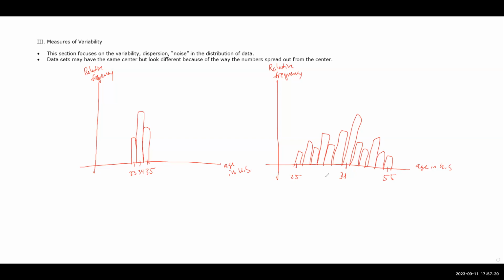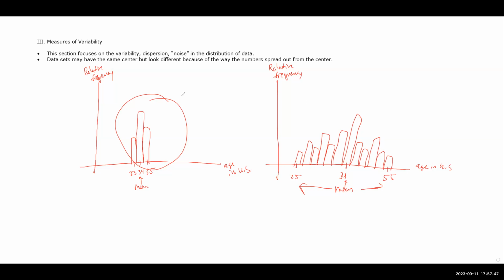Both, let's say, have the mean or the center right at 34, right here. However, the distribution of the data here is very tight, meaning all the data is either 33, 34, or 35. Here, the data is more spread out from 25 to 55.